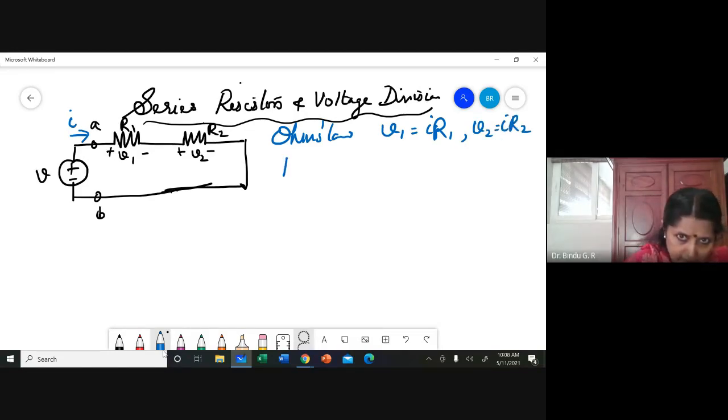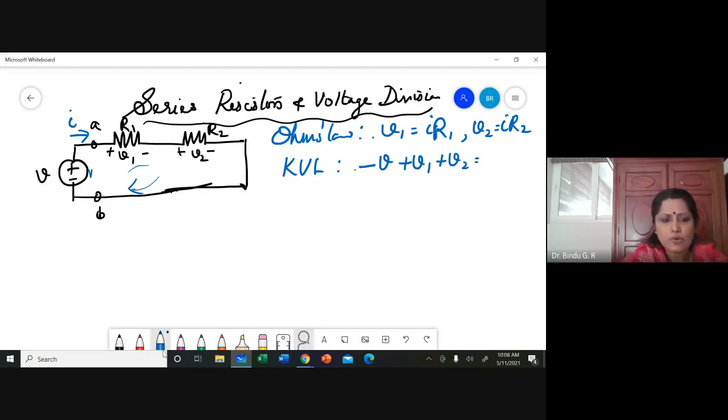And by applying KVL, considering a clockwise direction, here it is minus V plus V1 plus V2 equal to 0.